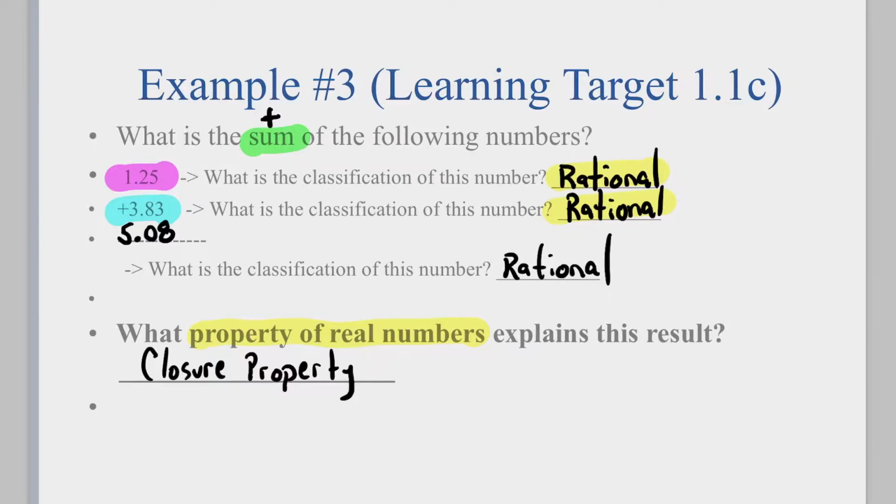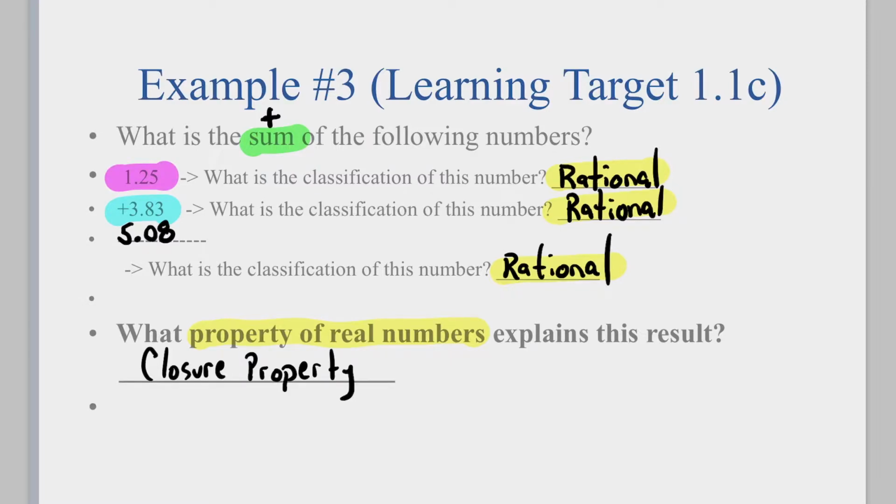The closure property states that the result, which we represent with the equal sign, equals a number contained in the same set. Well, the number contained in that same set is 5.08, and it is a rational number.